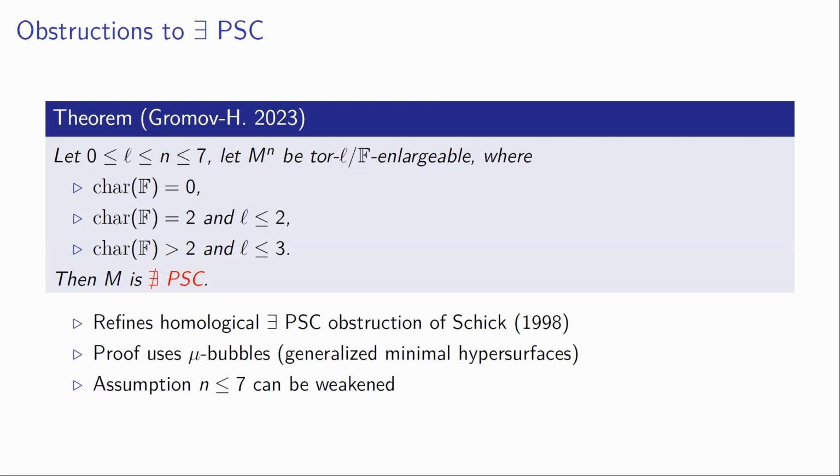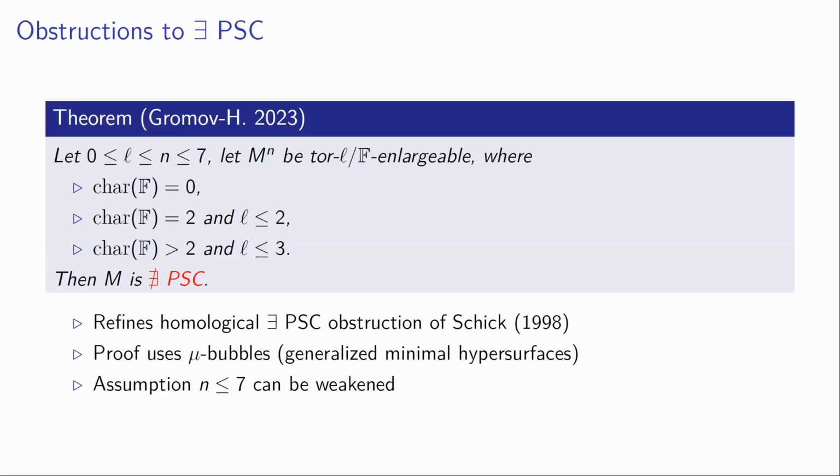Namely, we look at TOR-F enlargeable manifolds. And remember, this depends on this given field F. It can have characteristic zero, so for example you can take the rationals here, or you take fields of finite characteristic, Z mod 2 or Z mod P for P larger than 2.